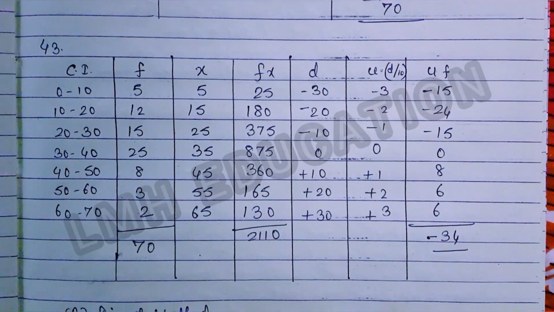In 43, you have to find the mean by two methods. First one is the direct method and the second one is the step deviation method.